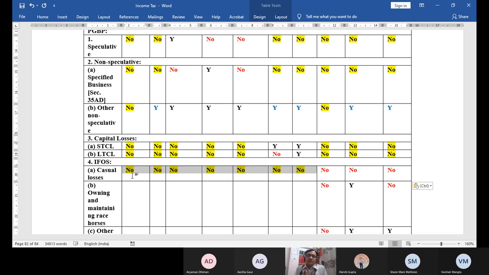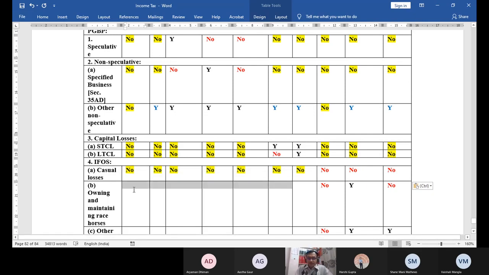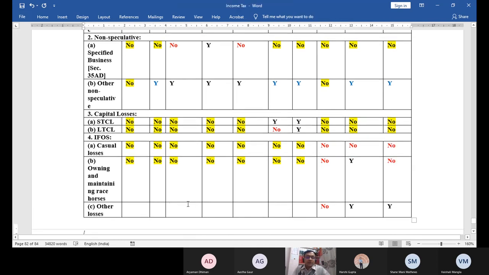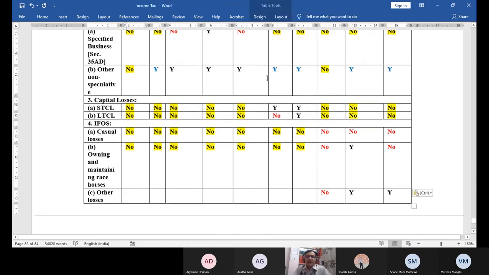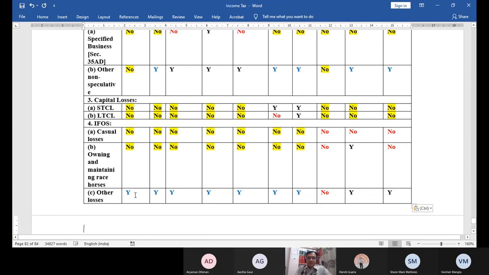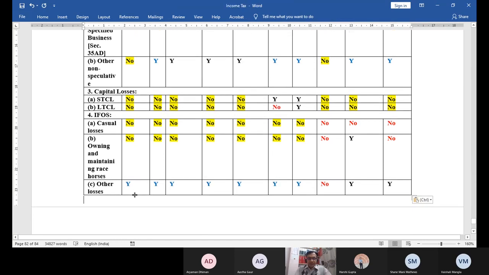Any losses which within intrahead have restrictions cannot be allowed interhead, because within intrahead these were not allowed to be adjusted against other incomes. Now other losses, these are allowed to be adjusted against any income, any head, anywhere. No restriction except casual. That's it. How to read the table?